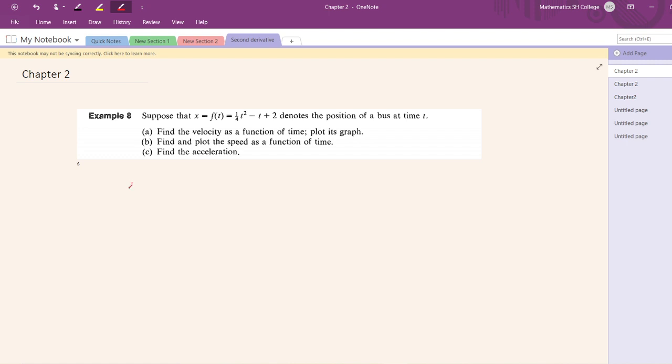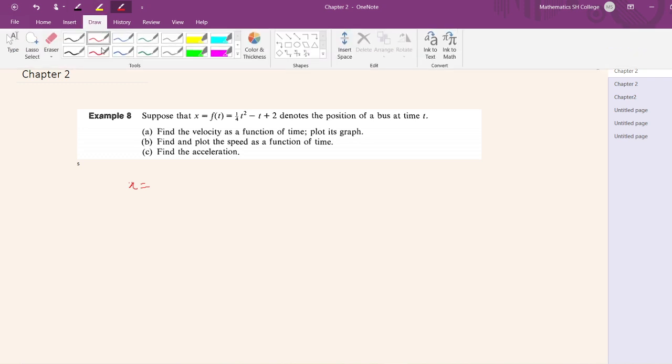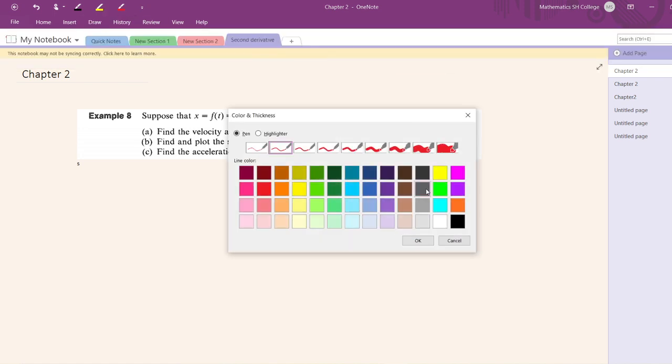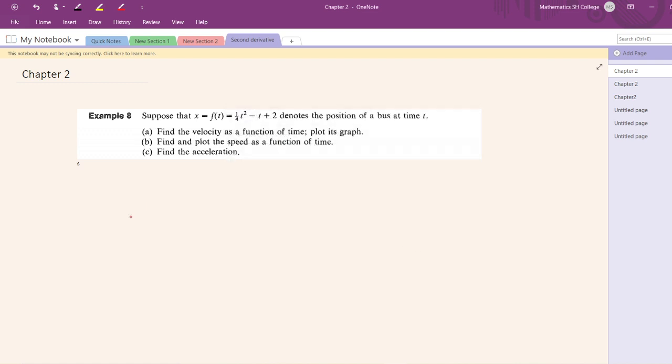We have x equal to 1 by 4 t square minus t plus 2.